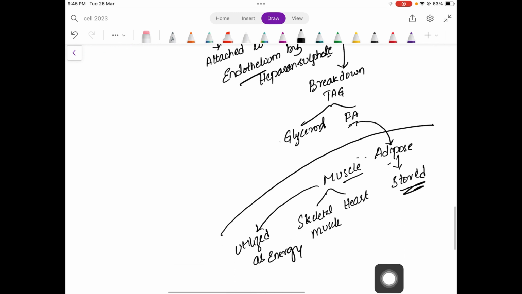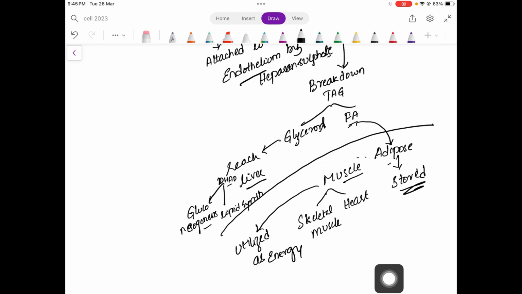Now what will be the fate of the glycerol? This glycerol will reach the liver, and it will have two fates. First it is converted into dihydroxyacetone phosphate, and this dihydroxyacetone phosphate is used for gluconeogenesis, and it can also be used for lipid synthesis.